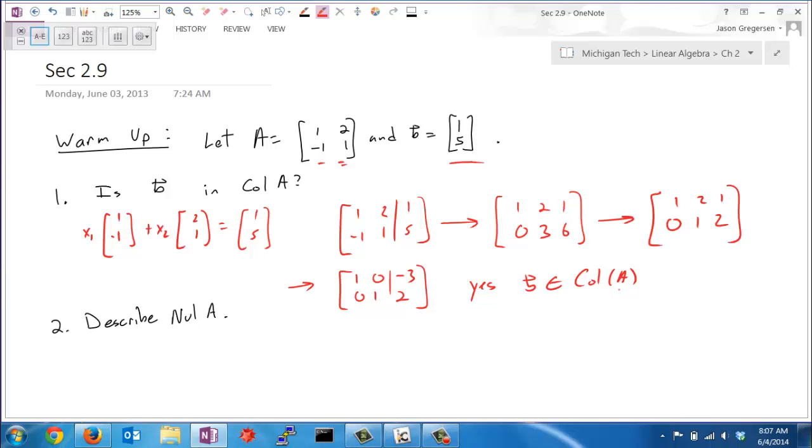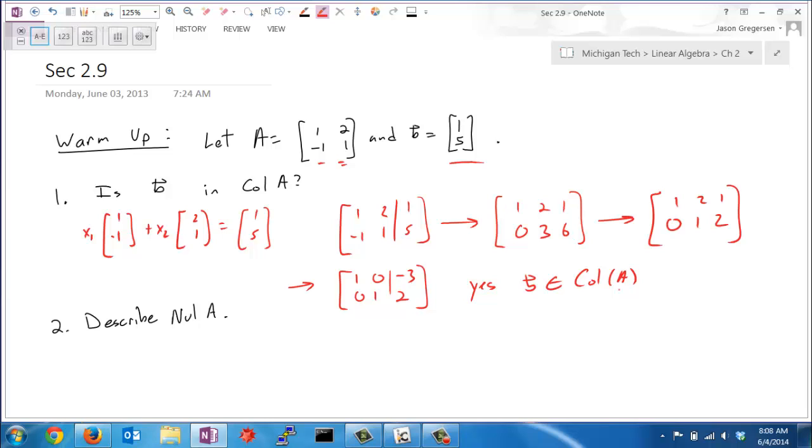Our B here is a vector in R2, and our column space must be at least a subspace of R2, because we take a linear combination of R2 vectors, so the result must be in R2, maybe all of R2, but certainly a subspace of R2. So then the question, is it a subspace of R2, or is it all of R2? Well, how many linearly independent vectors do I need to get all of the vectors in R2?